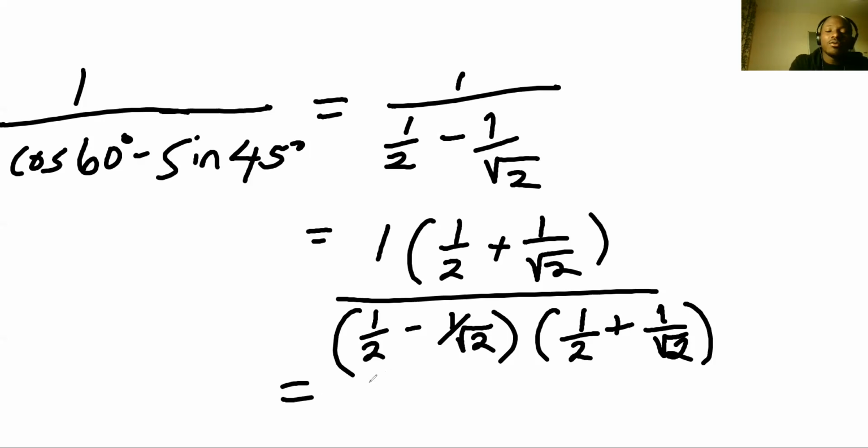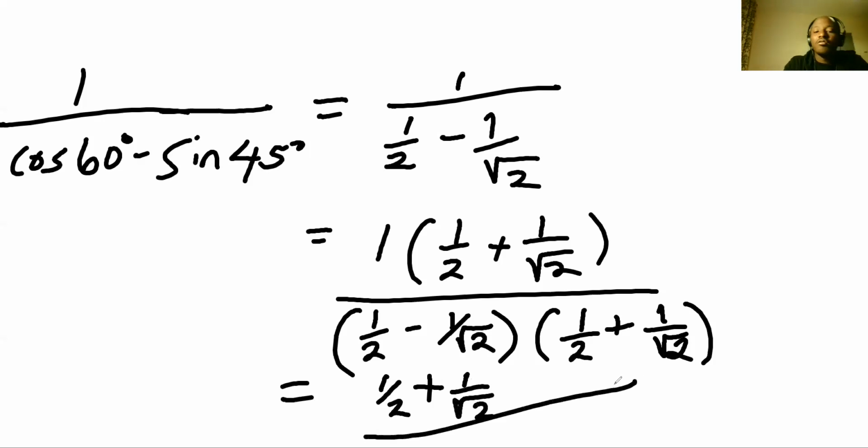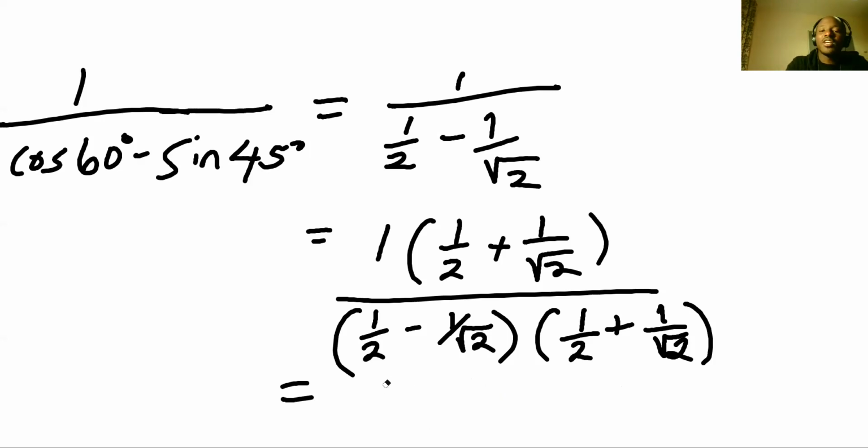The numerator is 1 times a half, which is a half, plus 1 times 1 over root 2, which is 1 over root 2.